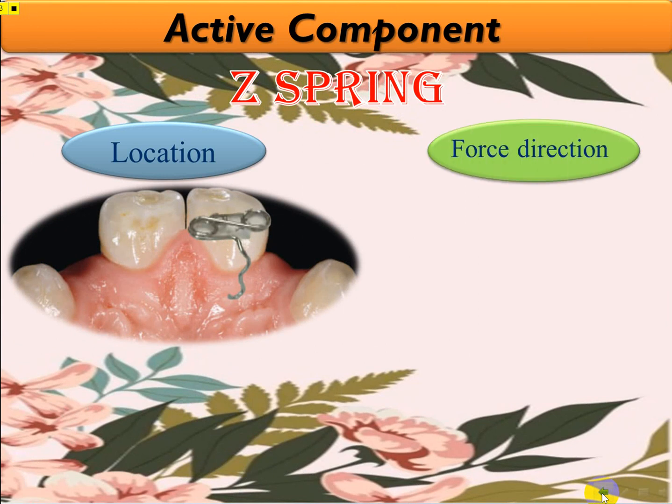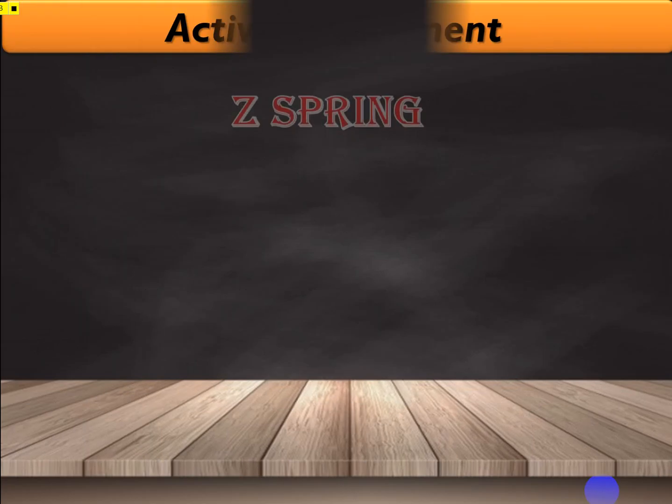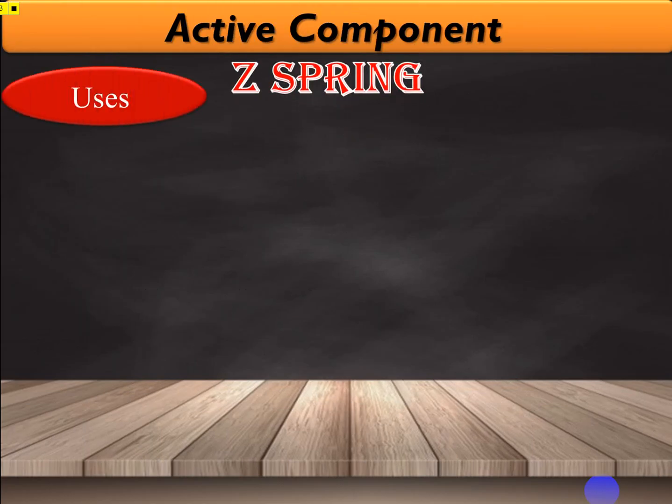The direction of force of the Z spring is palatal to labial, so it will give us a force in a labial direction, or labial tooth movement. This spring is generally made of 0.5 hard stainless steel wire.